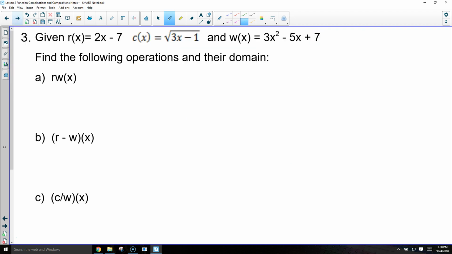Number 3, find RW of x. So I want to take R of x and multiply it by W of x. So we end up with 6x cubed minus 10x squared plus 14x.